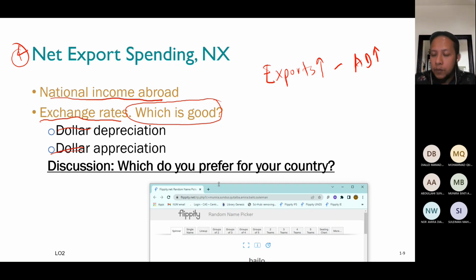So usually when we say that a currency appreciates or depreciates, it refers to a comparison to a certain other currency. For example, Brother Bayo mentioned just now that currently the Guinean franc is appreciating against the Chinese yuan, or renminbi.